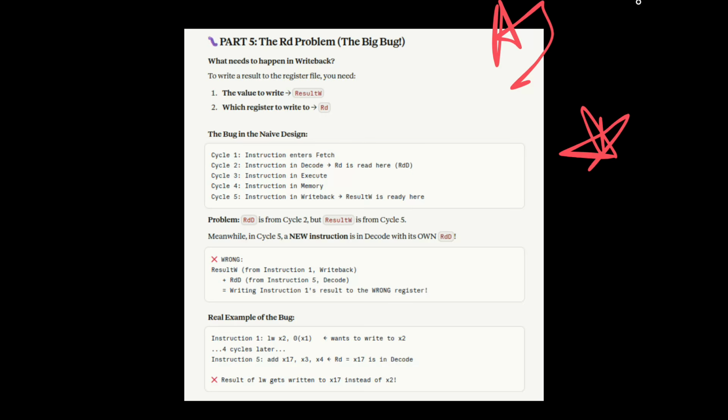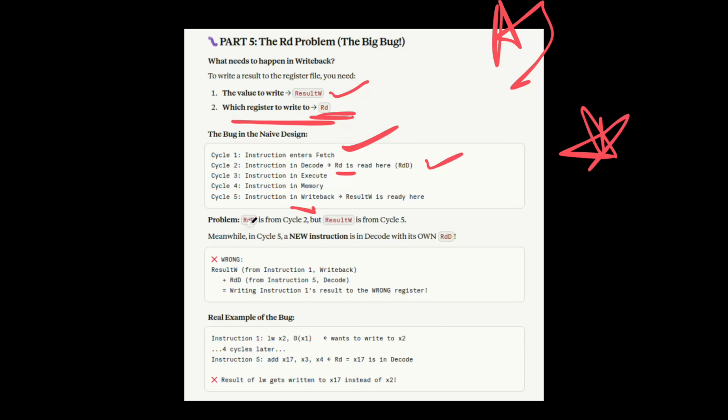To write a result to the register file, the value to write is ResultW, and which register to write to is RD. Where you want to write is RD, and the value that you have to write is ResultW. Let us say an instruction enters the fetch stage, then the decode stage where RD is read, then execute, then write back, so ResultW is ready here.